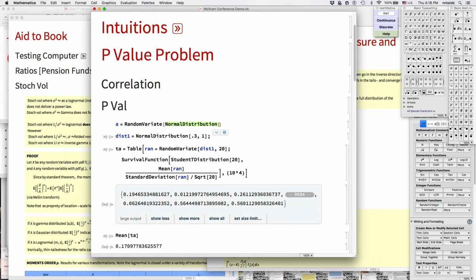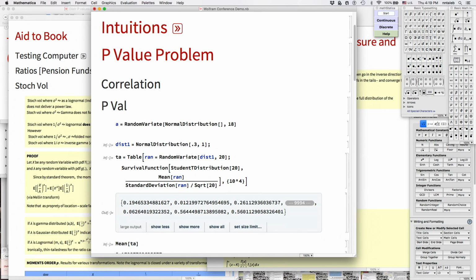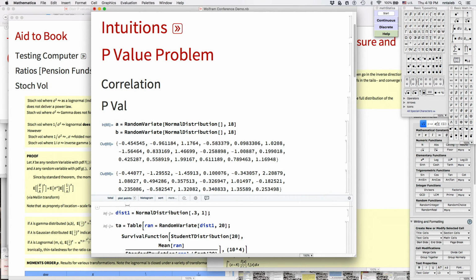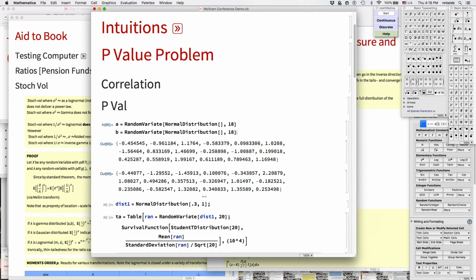Normal distribution. And let's say 18 variables. And B equal the same. All right. Now, what's the correlation between A and B? Okay, let's see. Are you sure?